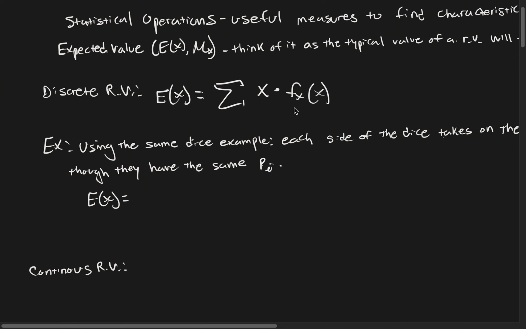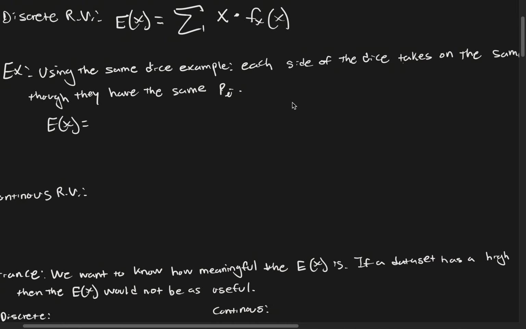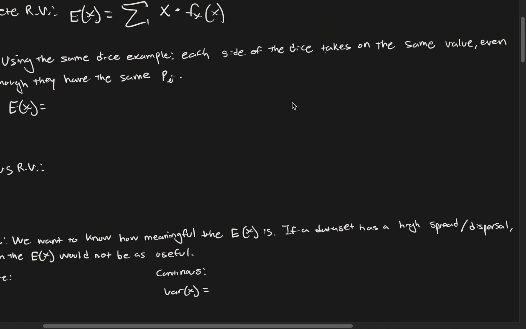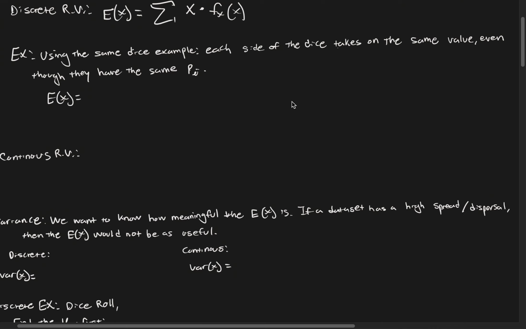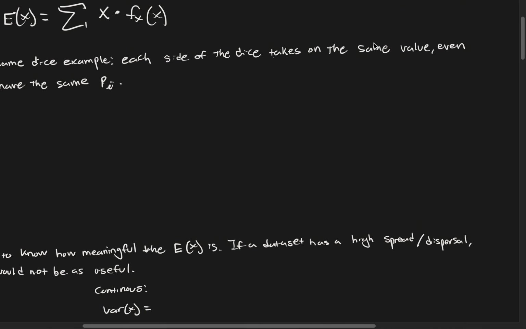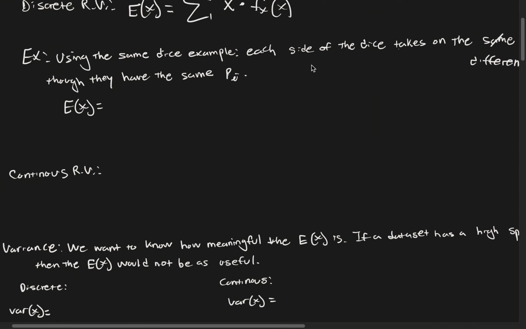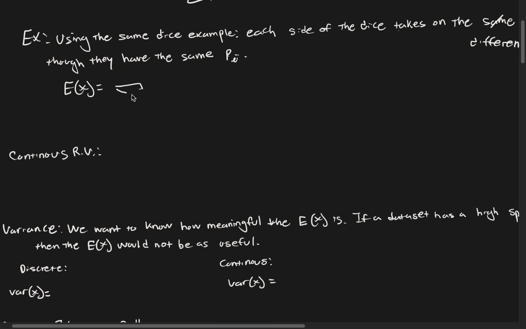Fairly simple. So if we use the same dice example, we have to know that each side of the dice takes on a different value, even though they have the same probability, which is 1/6. So writing that out, we have x beginning from 1 to 6.